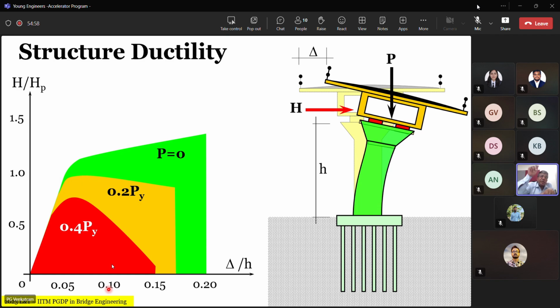As you start increasing the axial load, once it reaches 40% of your yield strength, the structure ductility drops down dramatically. And why should it happen? And when does it happen? It ties into a few things we discussed a few minutes back.